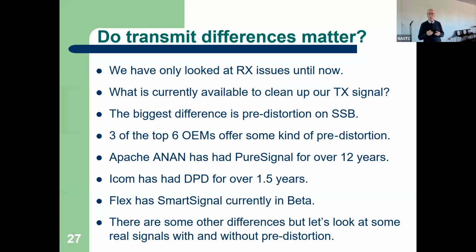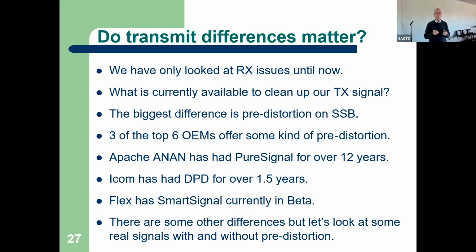So we just talked about receiver numbers. Well, what about transmit? Right now, what do you do to clean up the bands? The ARRL for almost 3 years now has been working on the Clean Signal Initiative to try to get OEMs to reduce key clicks, reduce splatter on sideband, and reduce transmit noise that bothers everybody else nearby.